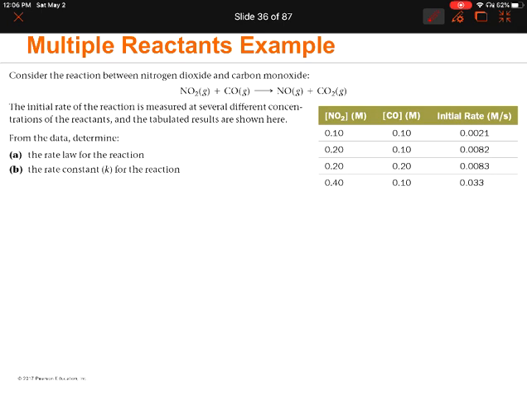So to determine the rate constant, we are going to rearrange our rate law to solve for k. Now, keep in mind that anything we plug in for carbon monoxide is raised to the power of 0. So that's just going to equal 1 no matter what we do.